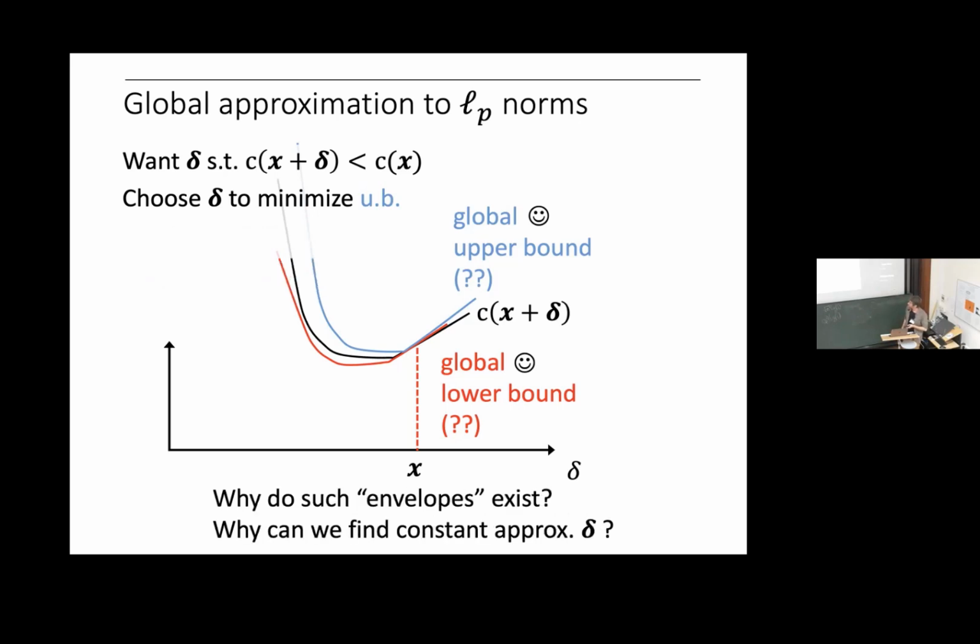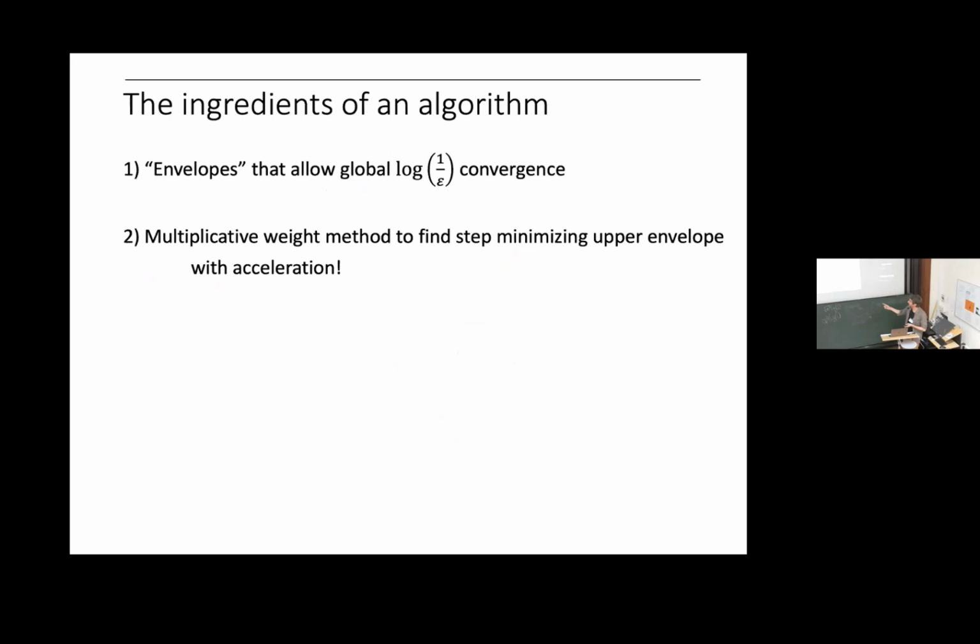Okay, so why can we find these constant approximate deltas? The ingredients of our whole algorithm are just to come up with these envelopes and then use a multiplicative weight method to find steps that minimize this upper bound.